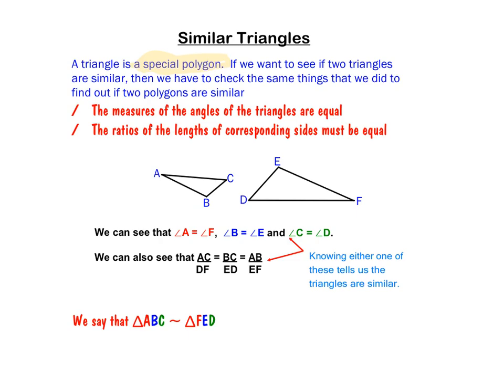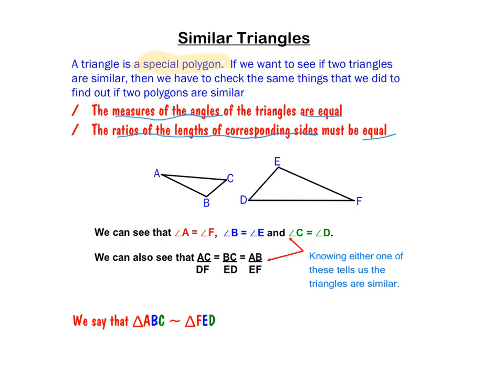If we want to see that two triangles are similar, we have to take a look at the same kind of thing we looked at to make sure that two polygons are similar. So the two things that we're going to look at are, we're going to look to see that the measures of the angles are equal, or the ratios of the lengths of corresponding sides are equal.